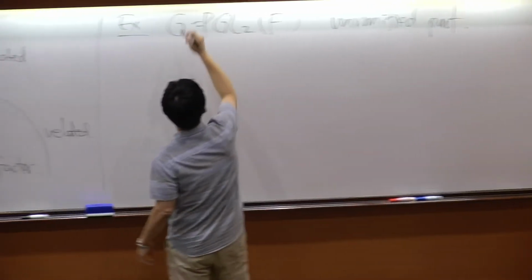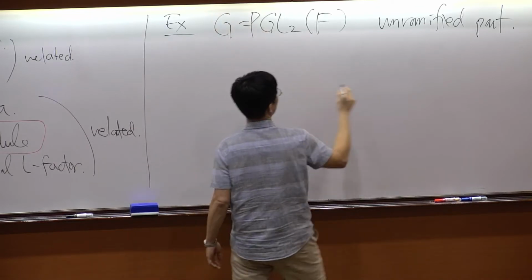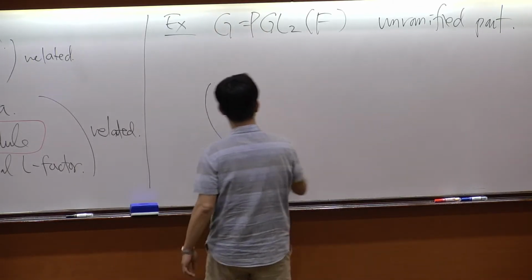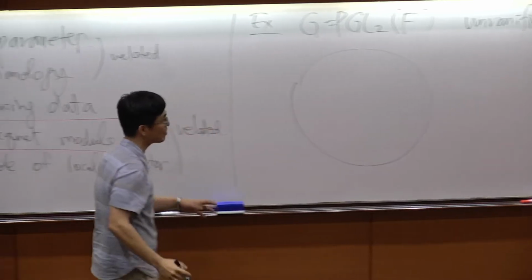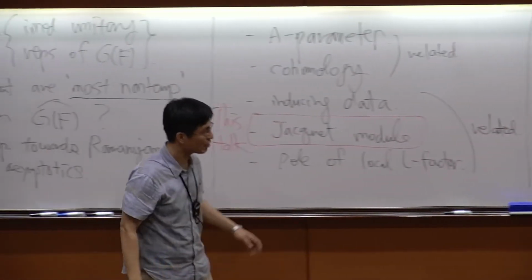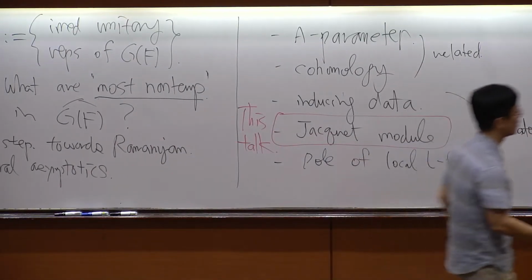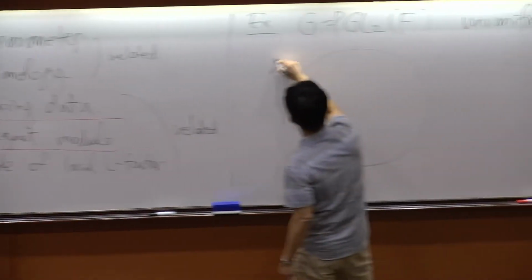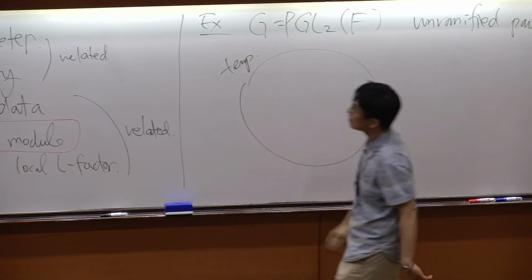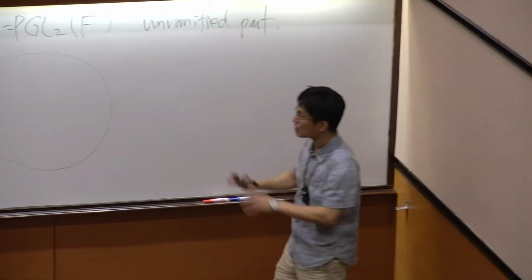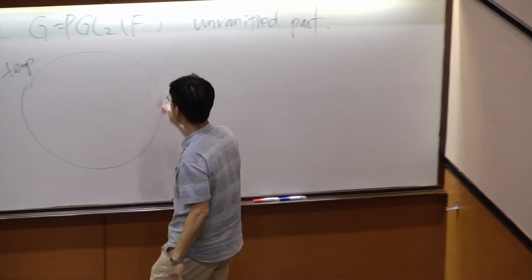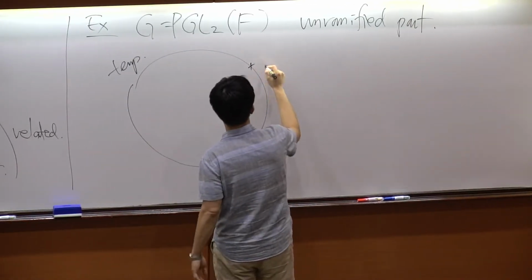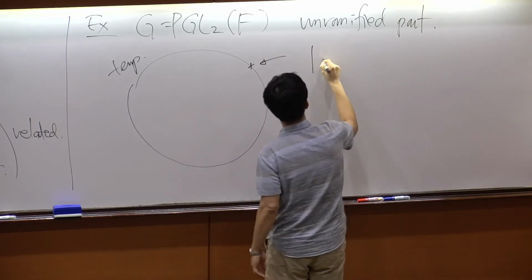Here's a rough picture of what's going on. There is a big tempered locus. In fact, in some sense, most representations are going to be tempered.